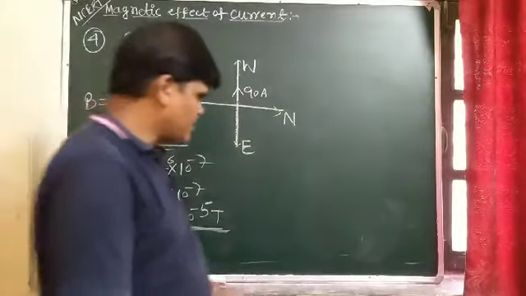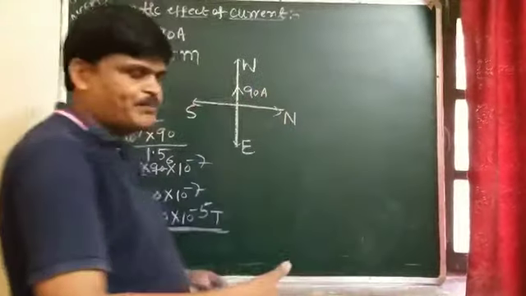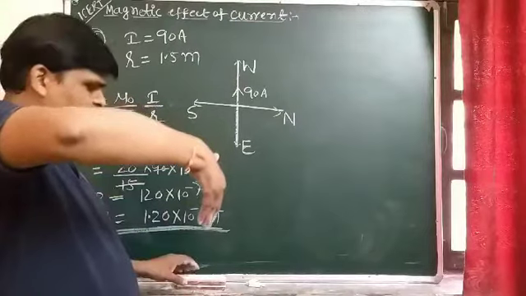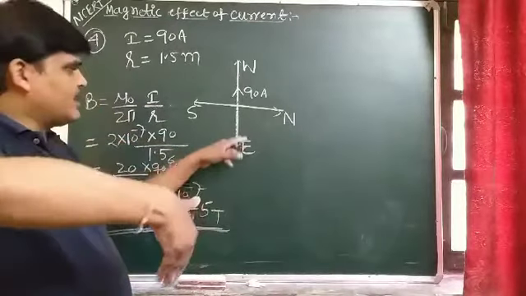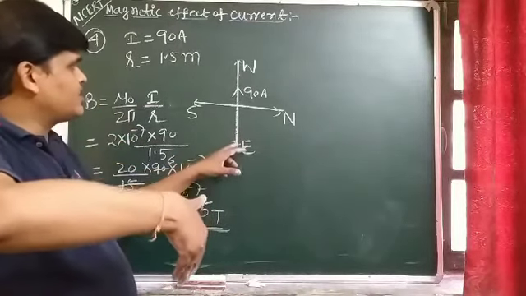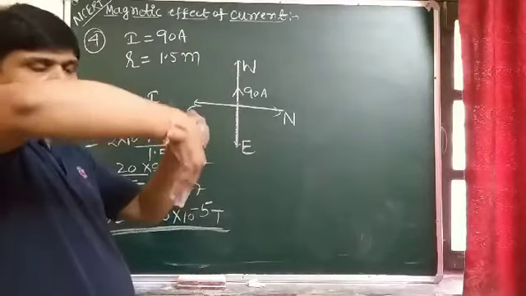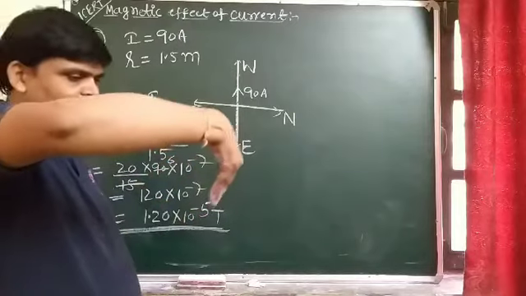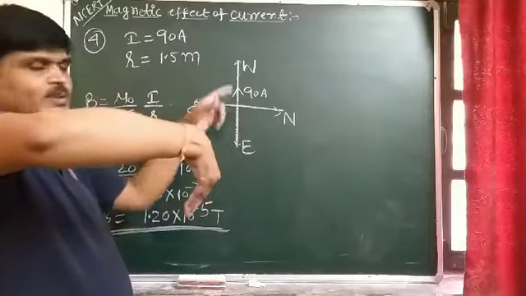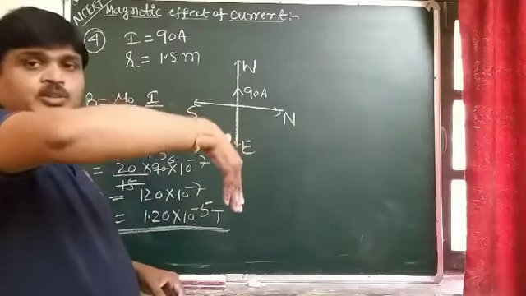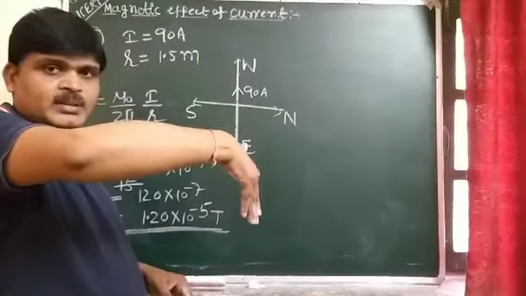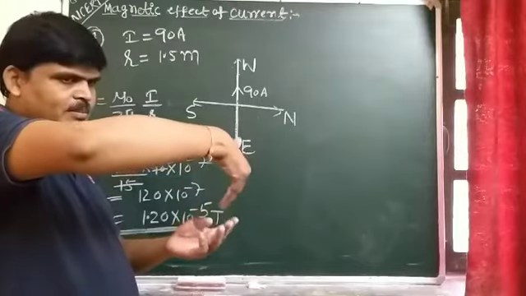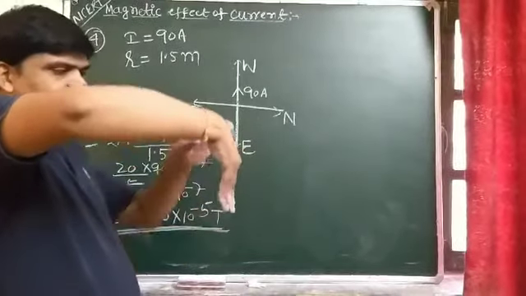Now, what is the direction of the magnetic field? Student, see carefully this diagram. The direction of the current is from east to west, so the thumb will point east to west, and due to a straight current carrying conductor, magnetic field pattern lines are concentric circles.